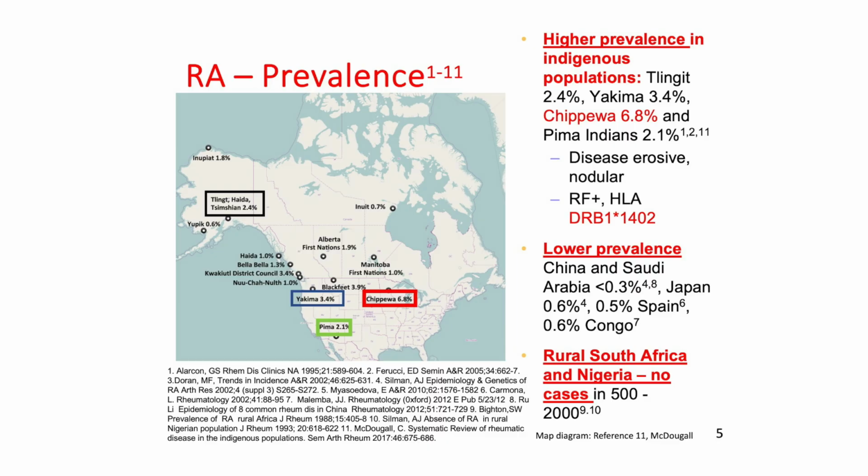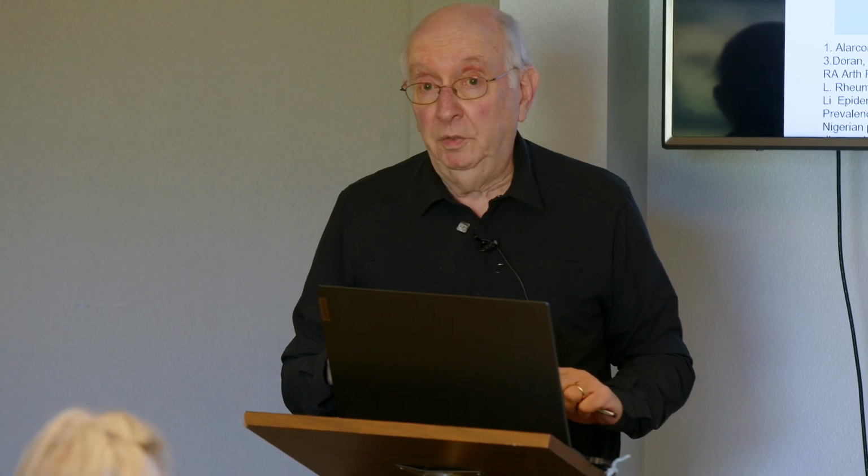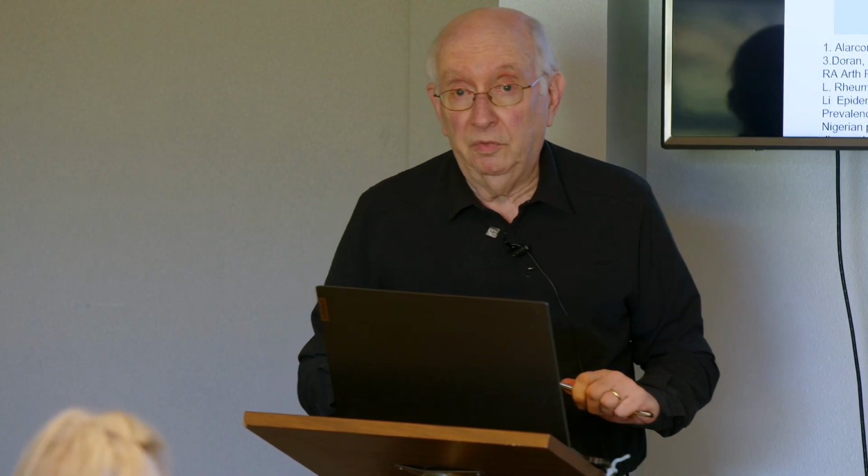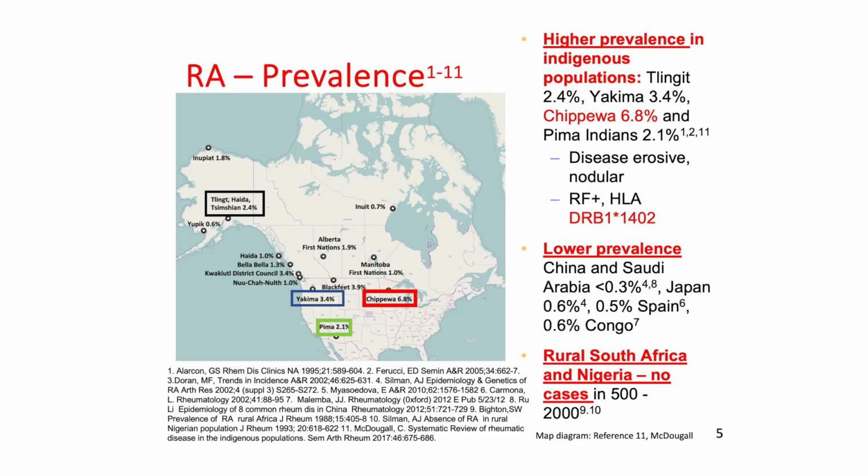For example, in the Haida Indians in Alaska, in the Chippewa Indians in Minnesota, 7% of the women, that's a lot, 7% of the women have rheumatoid arthritis in that tribe. And you can see that it's more prominent in the Yakima tribe in Washington and the Pima Indians in Arizona. So a very high prevalence in the indigenous populations.